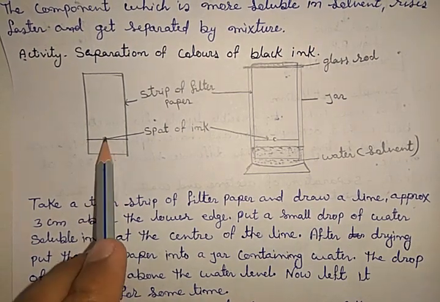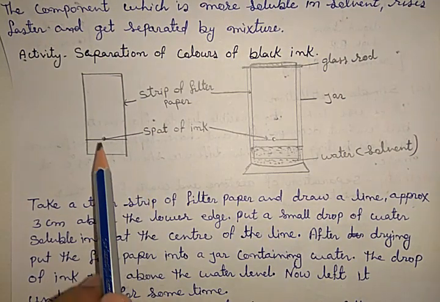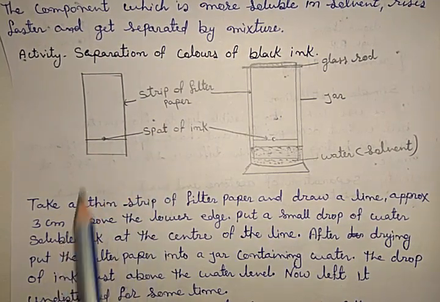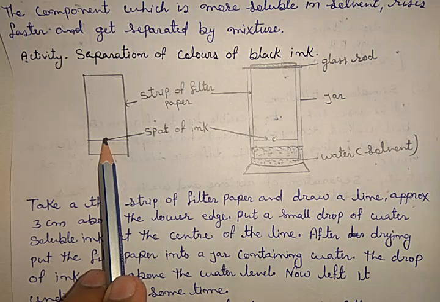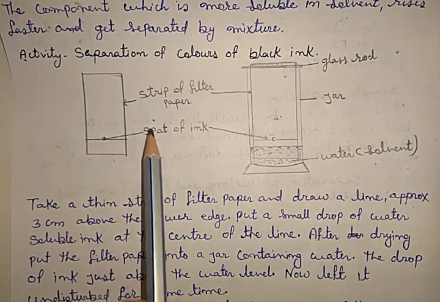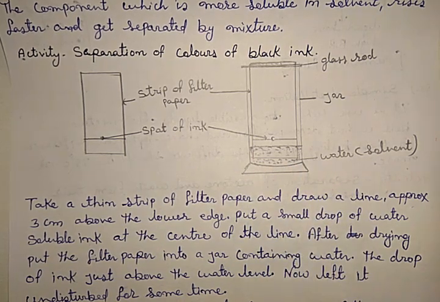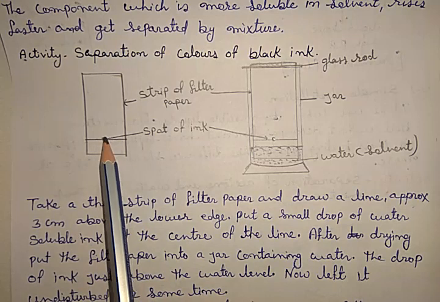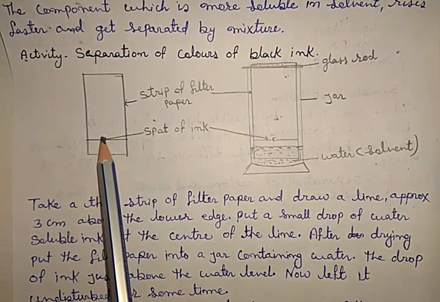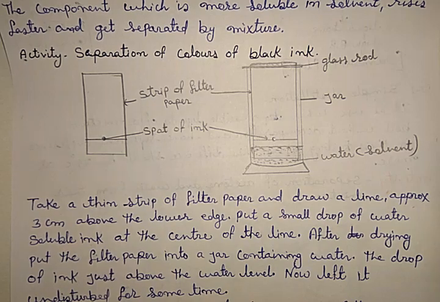Okay. Now put a small drop of water soluble ink. We are taking water soluble ink because we use water as the solvent in this experiment. So put a small drop of water soluble ink at the center of the line.